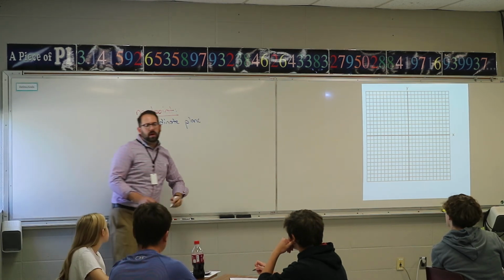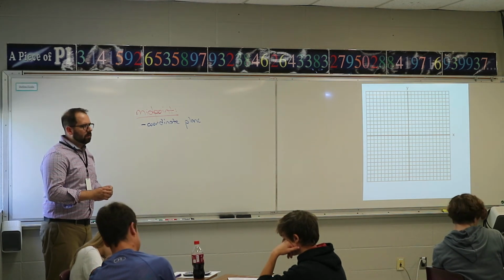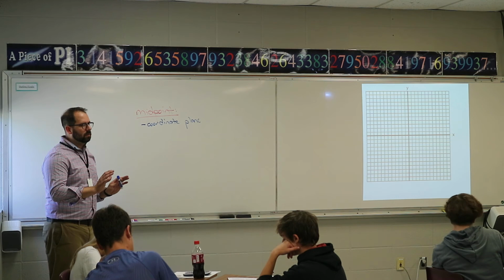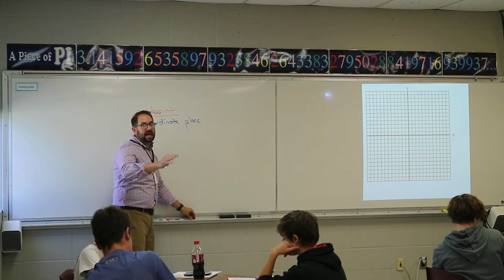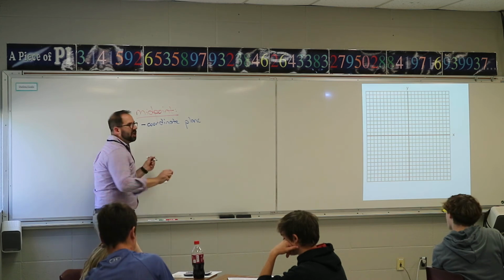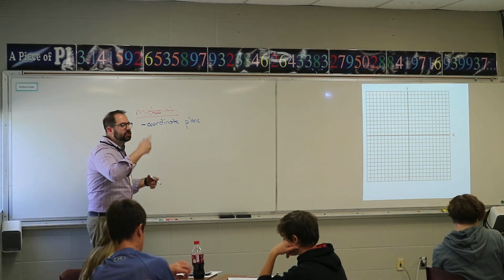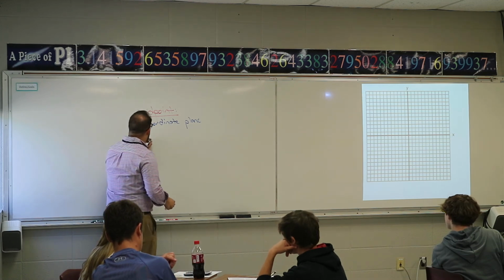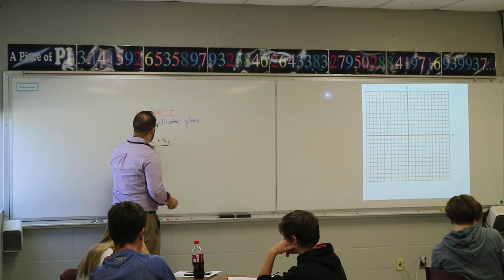Okay, now the formula. Did I write down the formula for you guys yesterday? Did we get it? Okay, all right, here it is. Here's the formula you want to have written down somewhere. It's just like the midpoint formula for the number line. It has two coordinates. So you're going to add the two x's together, divide by 2.